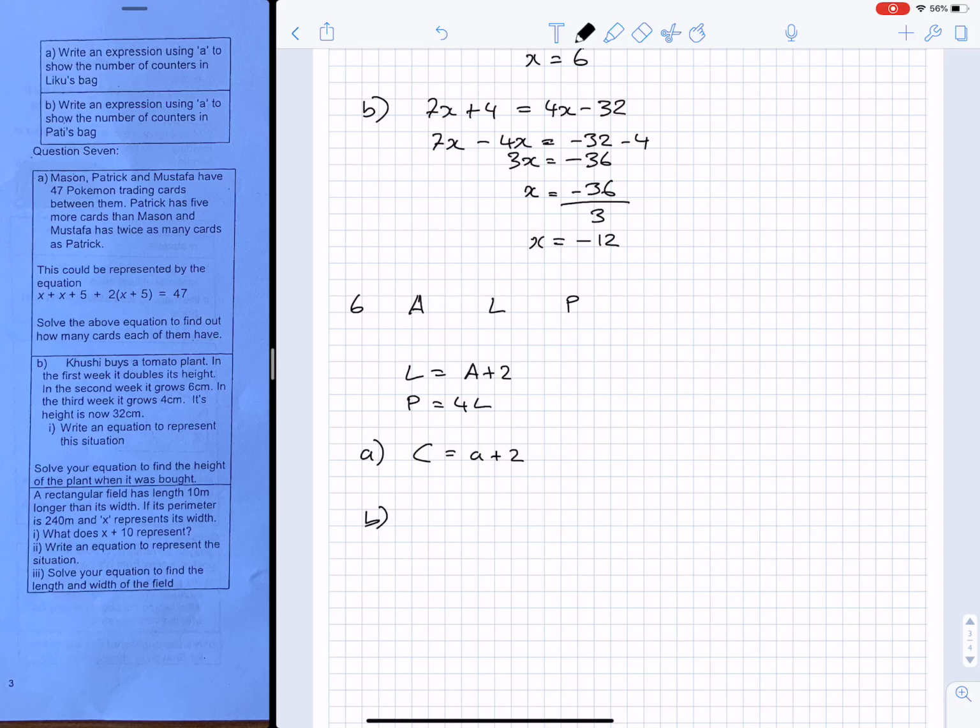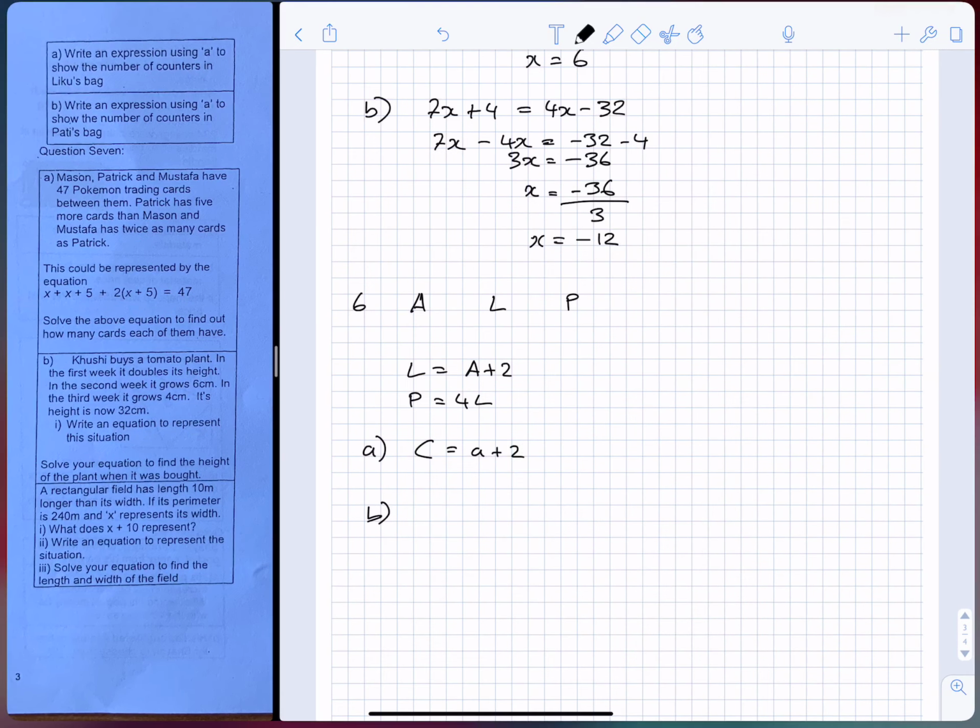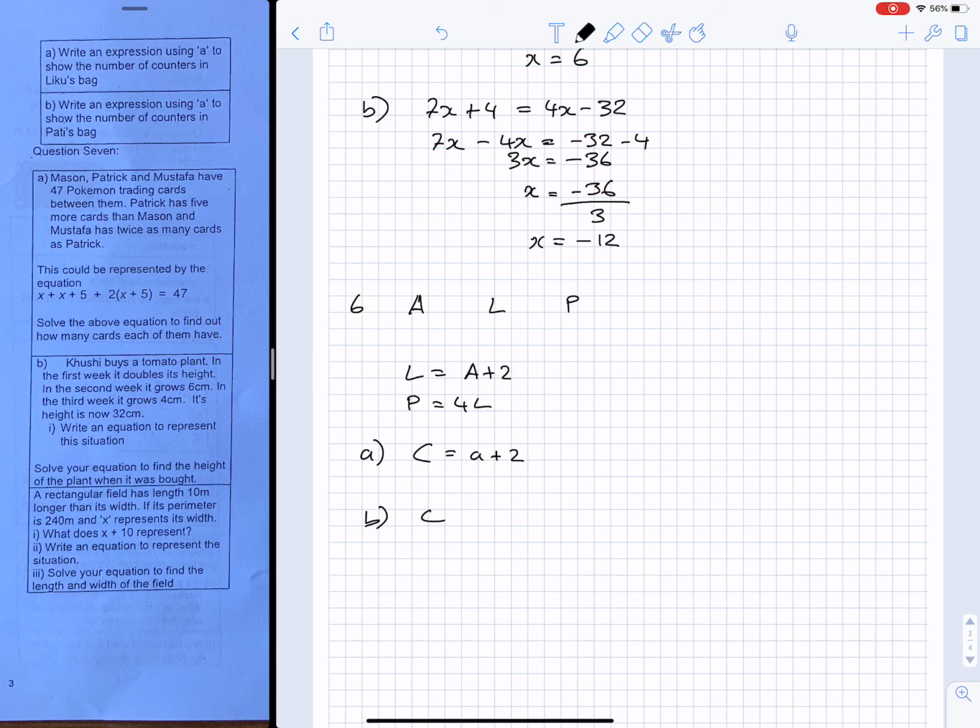B, write an expression using A to show the number of counters in Patu's bag. So the number of counters in Patu's bag equals 4 times, remember it's 4 times the amount of Liku's, so 4 times A plus 2.